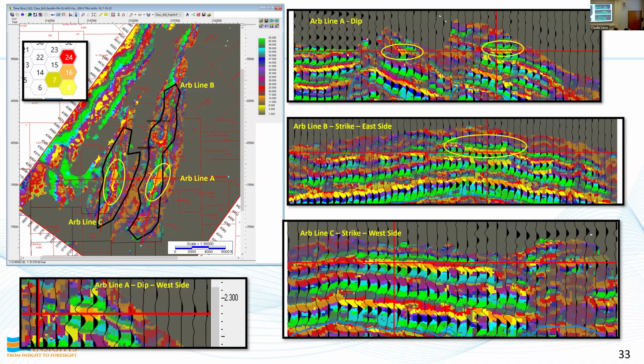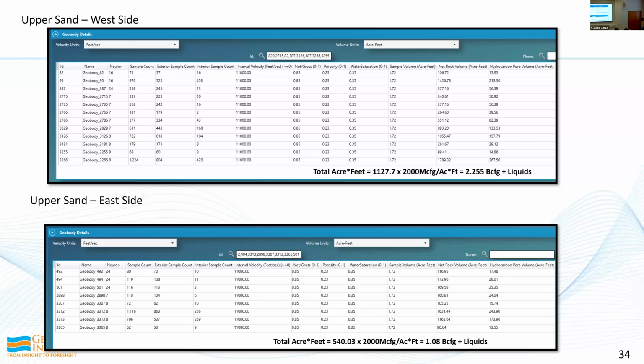And I went through and put all of the geobody identifications, all the little pieces together that made up the sands, and put in my 4 parameters and came up with, for each layer, what I thought they would pull in BCF and liquids. And I went up and down, east side and west side.